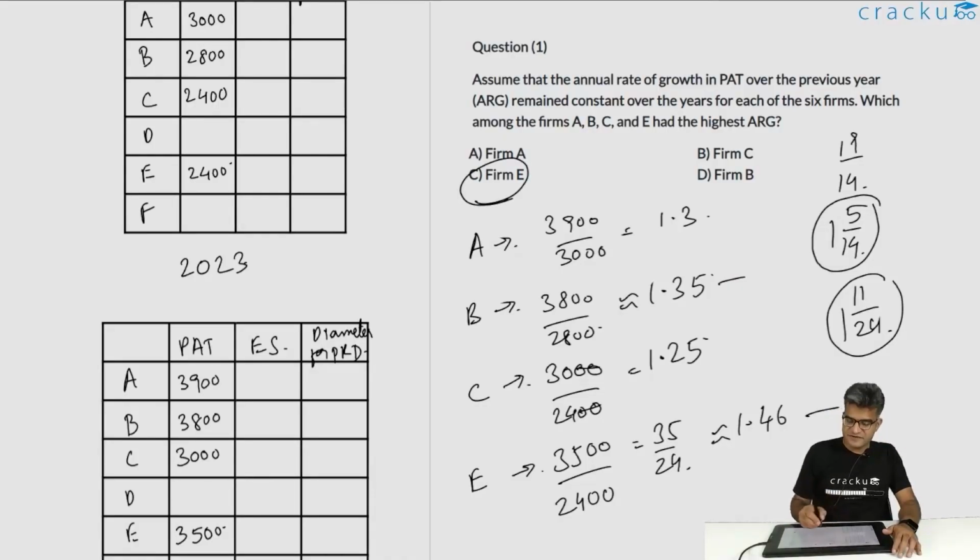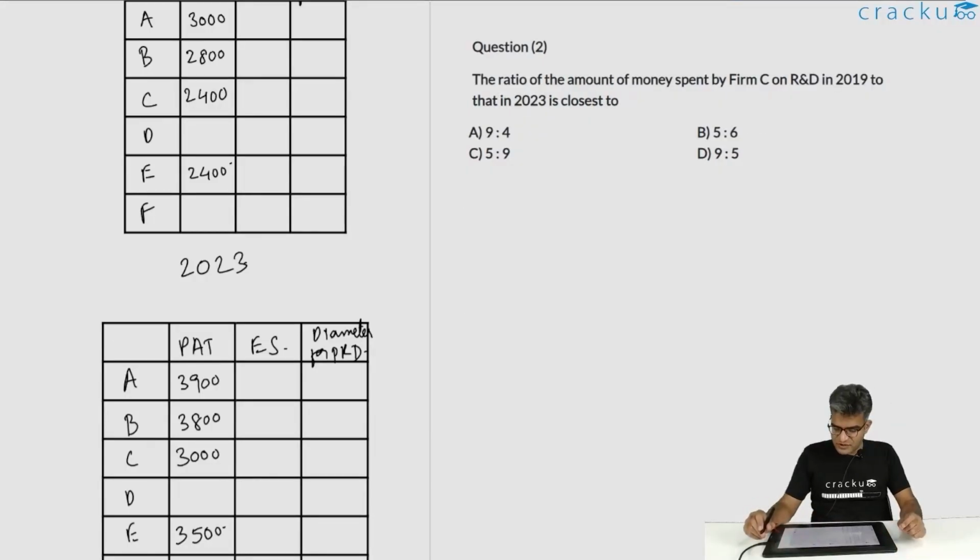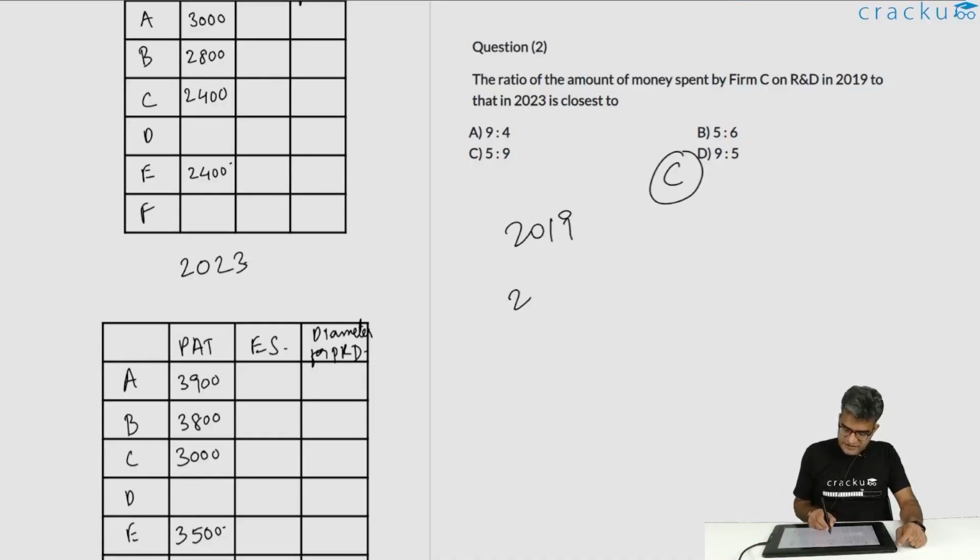Let us look at the second question. The ratio of the amount of money spent by firm C on R&D in 2019 to 2023. We need to calculate only for firm C in 2019 and 2023. For firm C, we already have the PAT. We will calculate the diameter of the circle in 2023 and 2019, and then we will make an assumption.